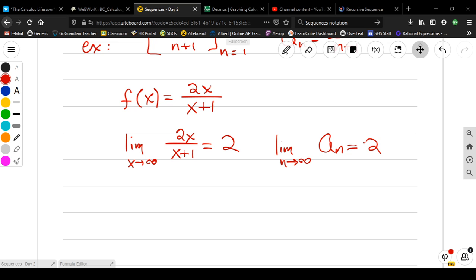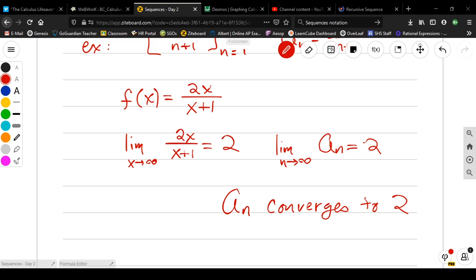Now, when a sequence has a limit, when that limit exists and it's a finite number, if that limit goes to a particular value like this, we would say that a sub n converges to 2.